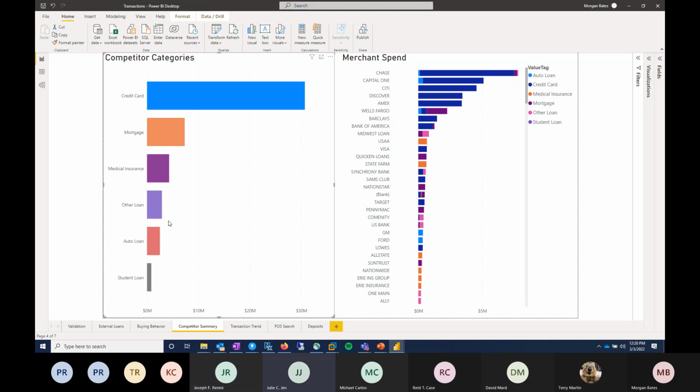Yeah. I think we've looked at this in the past, and again, this information is somewhat consistent, right? It's going a lot to these big banks, big FIs, credit card, auto, some of these. But yeah, we're not consistently looking at it.